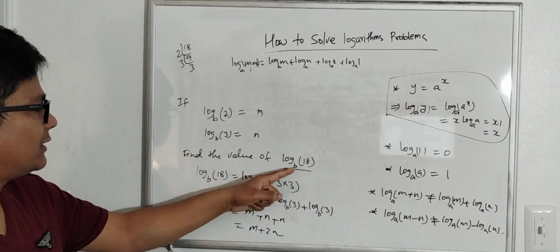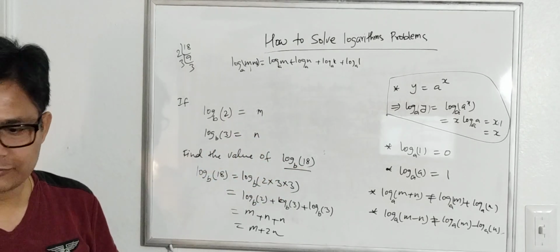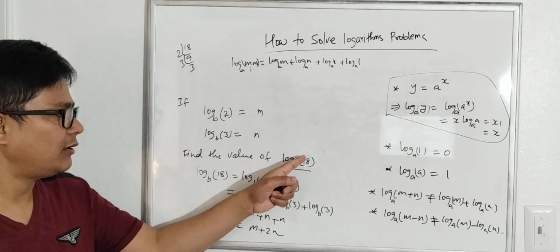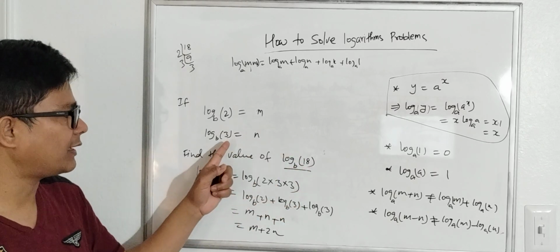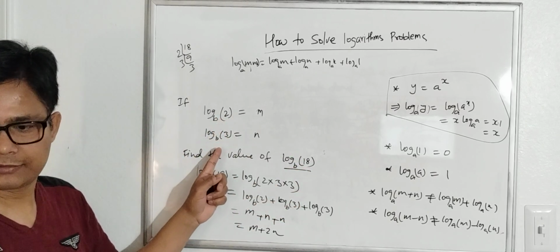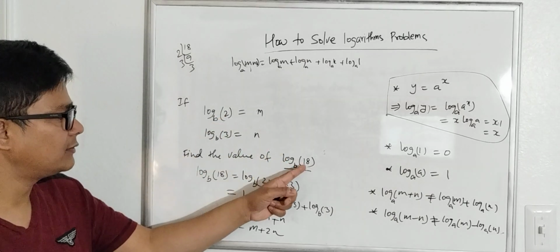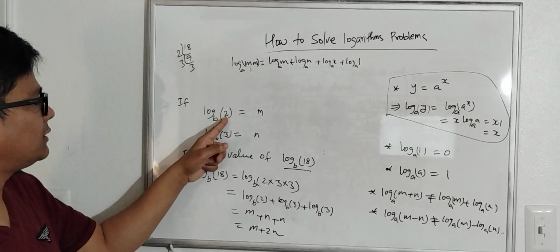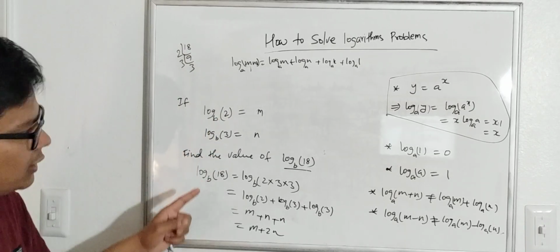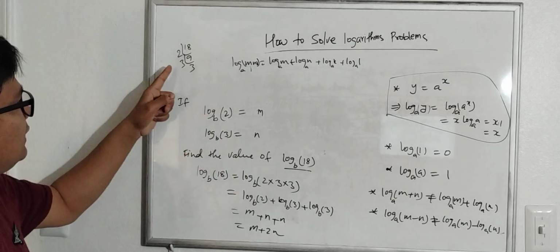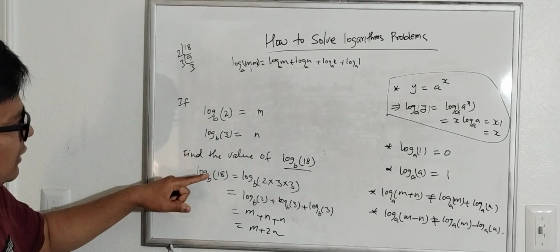You are supposed to find the value of log 18 in terms of m and n. So when you get this kind of problem, look at the given number and try to find all its factors in the given terms. Here 18 was given, so I tried to find all the factors in terms of 2 and 3. That's why 18 was written as 2 times 3 times 3.